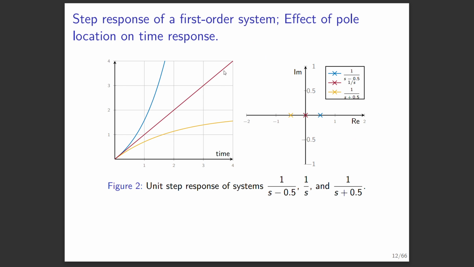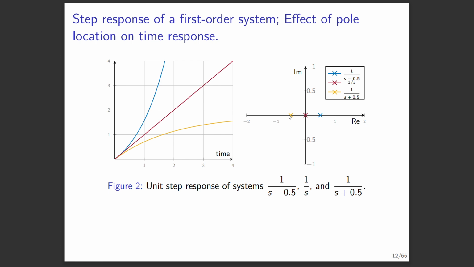We see unit step response of systems 1 over s, 1 over s minus 0.5, and 1 over s plus 0.5. So 3 systems, they're all first order. The pole of this one is at the origin. The pole of this one is at positive 0.5. The pole of this one is at negative 0.5.